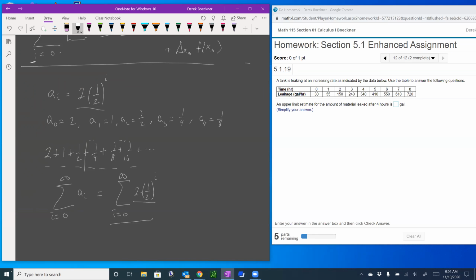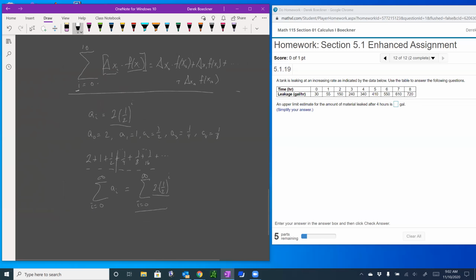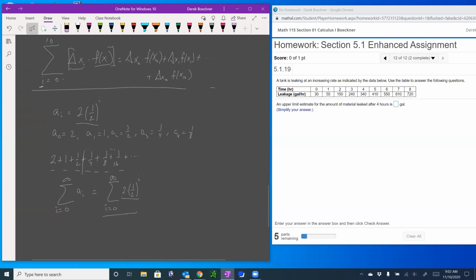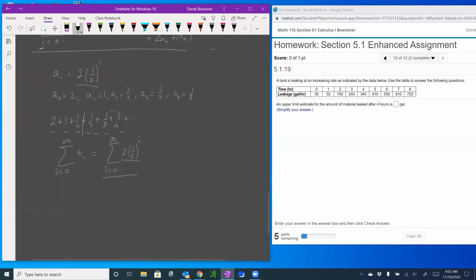The pattern is take 2 and then multiply it by 1/2 i times, and that's what you do for the next thing in the sequence that you're adding up. Okay, so that's just a real brief bit on sigma notation, but we're going to use sigma notation quite a bit for these things.